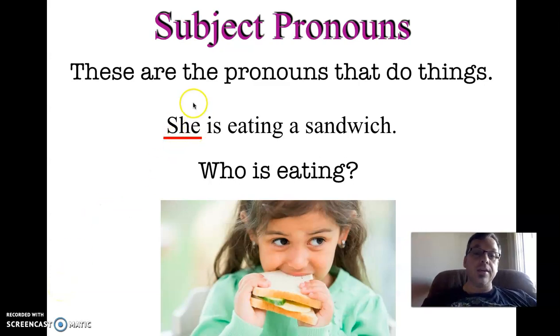So she, the pronoun, is the one doing the verb, eating, right? She is the one who is eating. This is a subject pronoun. You can tell a subject pronoun often because it comes at the beginning of the sentence, usually the very first word, right? Not always, but quite often. Okay?